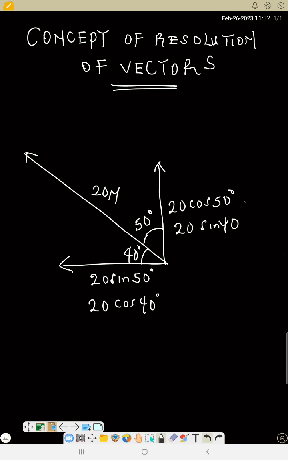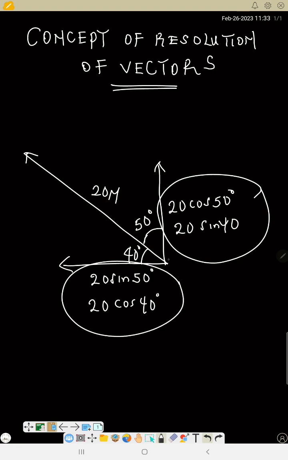So now if you press the calculator for these two, then it must give you the same result. So 20 cos 40, if you press the calculator, will give you 15.32.